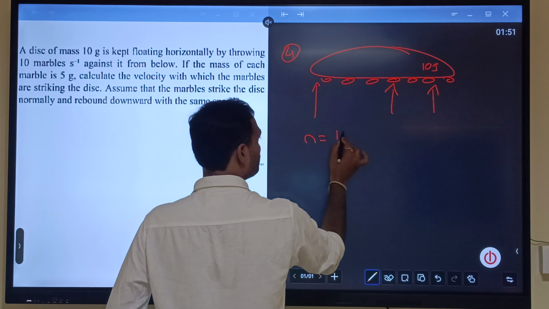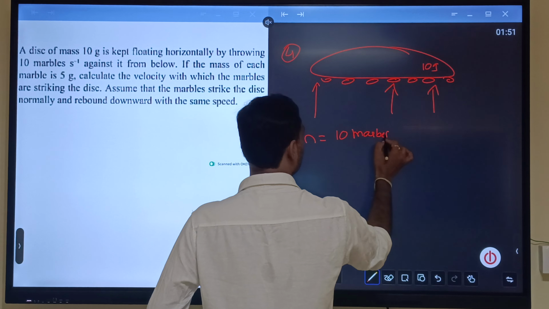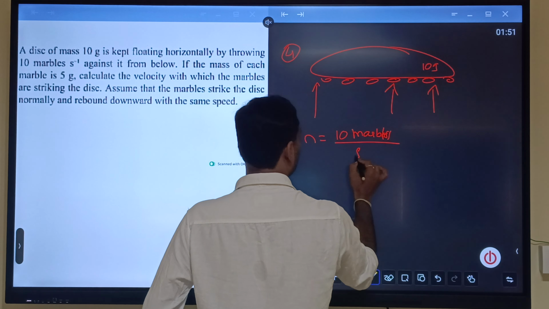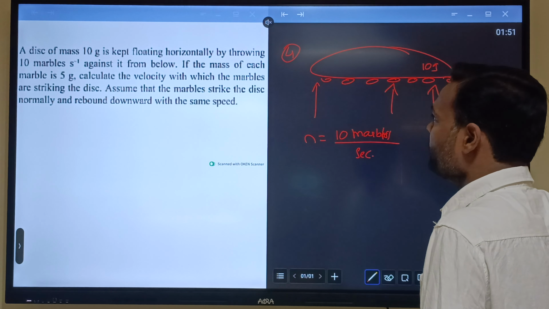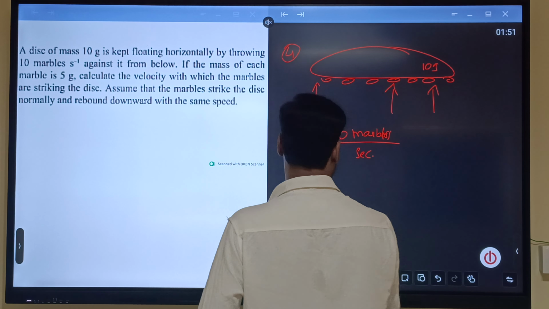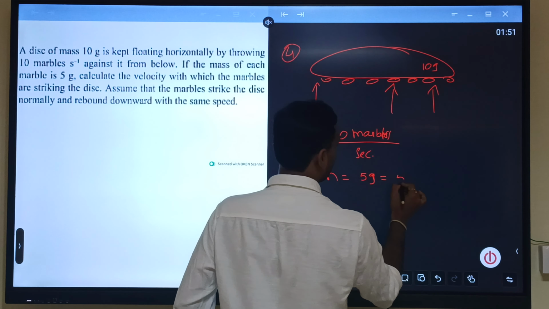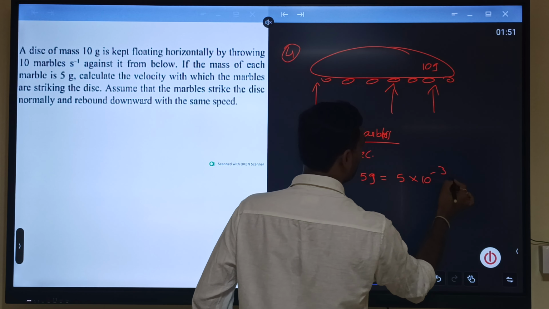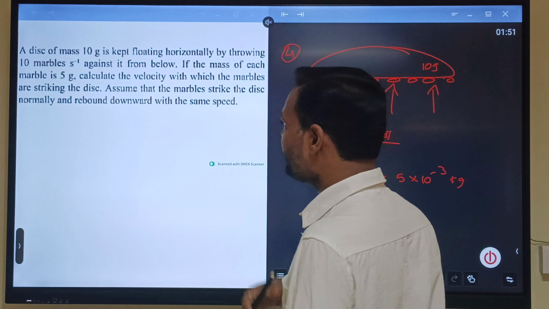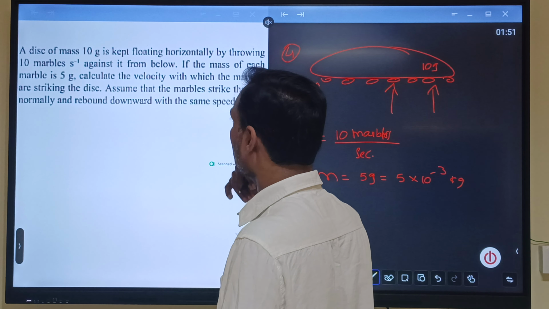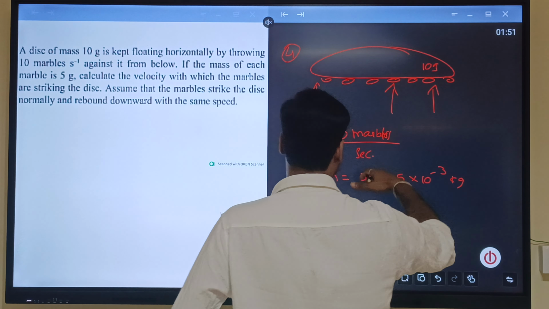So n is equal to 10, the number of marbles per second, hitting it from below. The mass of each marble is 5 grams, that is 5 into 10 to the power of minus 3 kg, right? Calculate the velocity with which the marbles are striking the disc. Assume that the marbles strike the disc normally and rebound downward with the same speed.